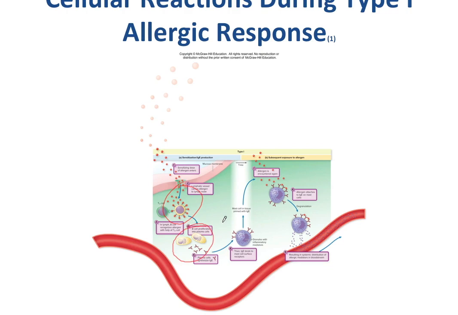Plasma cells are the mature B cells that secrete the antibody. Those antibodies can catch the antigens and link to the mast cells or the basophils, causing degranulation of the mast cells and basophils, and then release all the allergic cytokines.